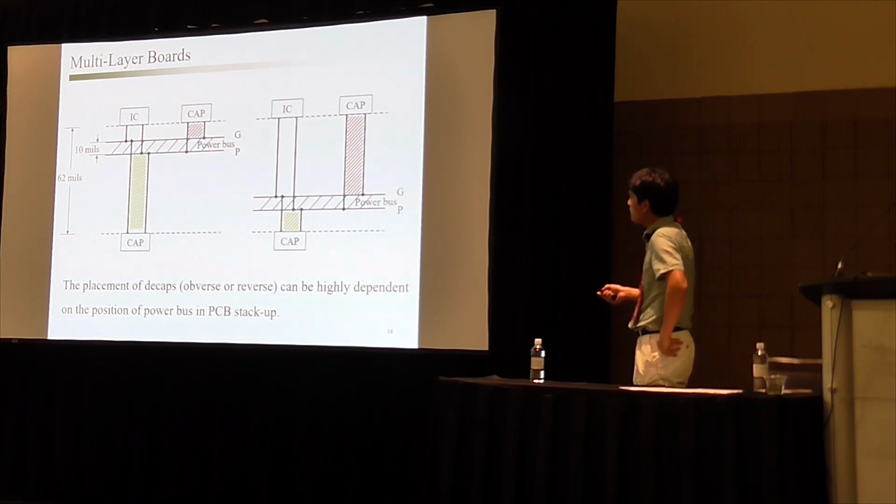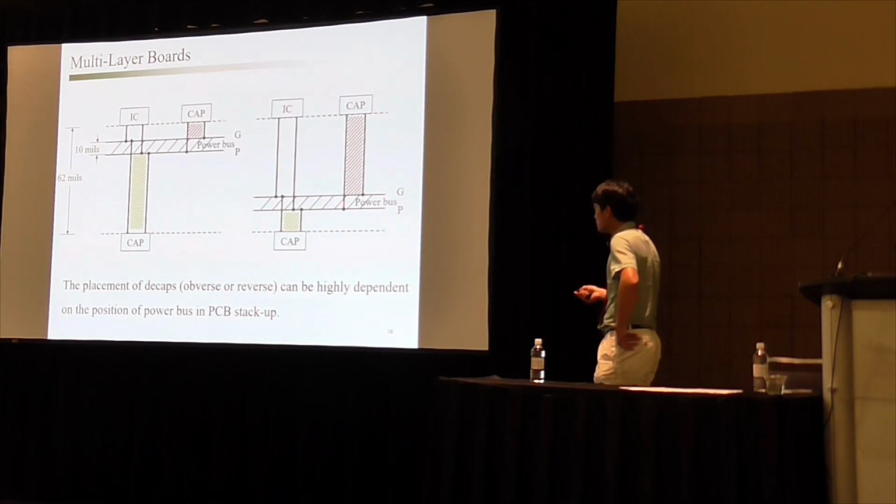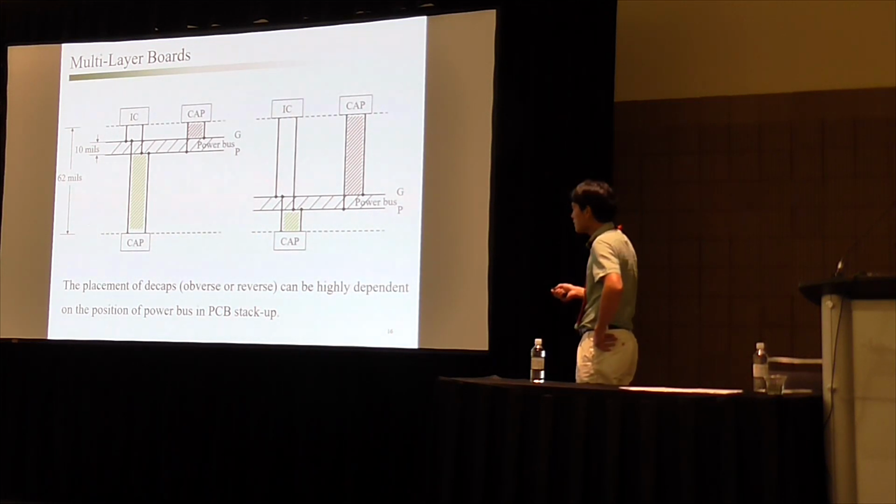Here, the power bus is close to the top. Then the area formed by the current path for this top capacitor is way smaller than the area for the bottom cap. However, when the power bus is close to the bottom, this area is way smaller than that, right?